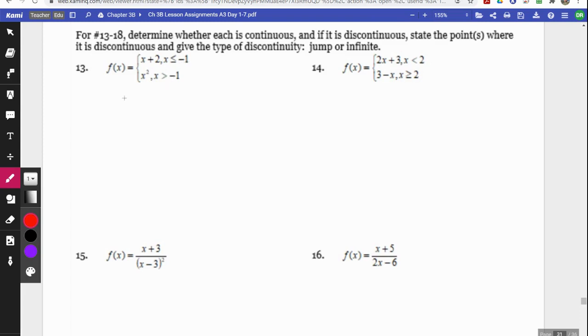So we would just say, well, let's do -1 for that top function and -1 for the bottom function, and just simplify. -1 plus 2 is 1, -1 squared is 1. Since we plugged in -1 on both sides, to the left, so this is all x values that are less than or equal to -1, we get 1, so that would be the point -1, 1. When we plug in -1 to the right, all x values greater than -1, we get 1 again.